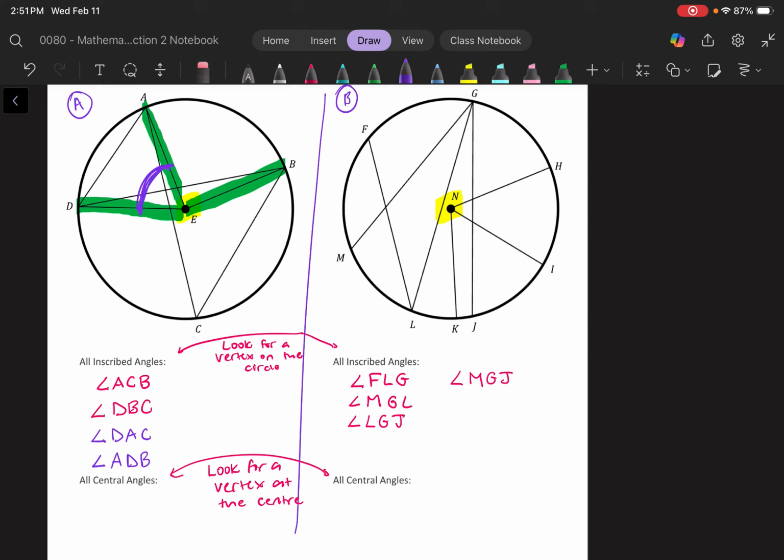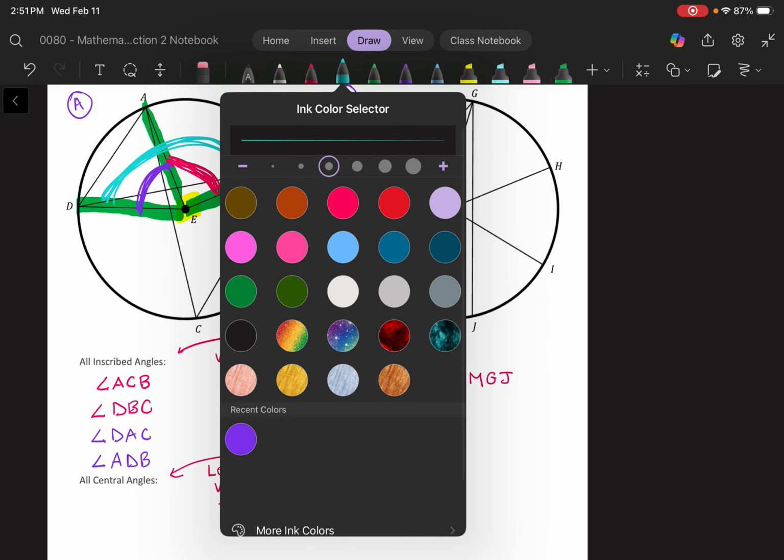So just like before, I have this first angle that I've drawn with a little purple arc, I have this angle that I've drawn with a pink arc, and I have the combined big one with the blue arc.